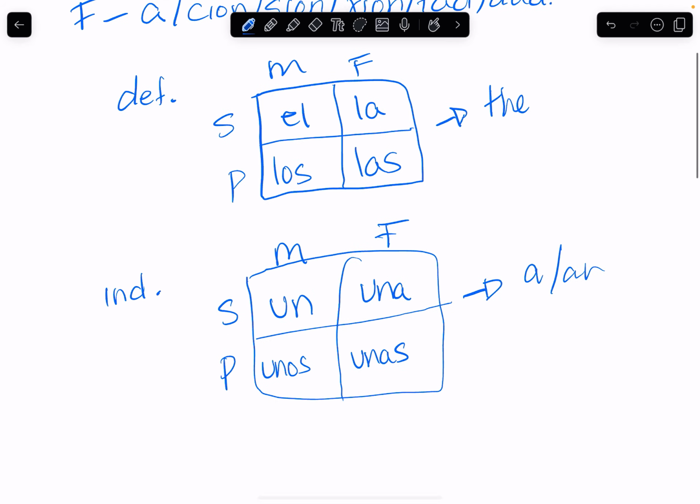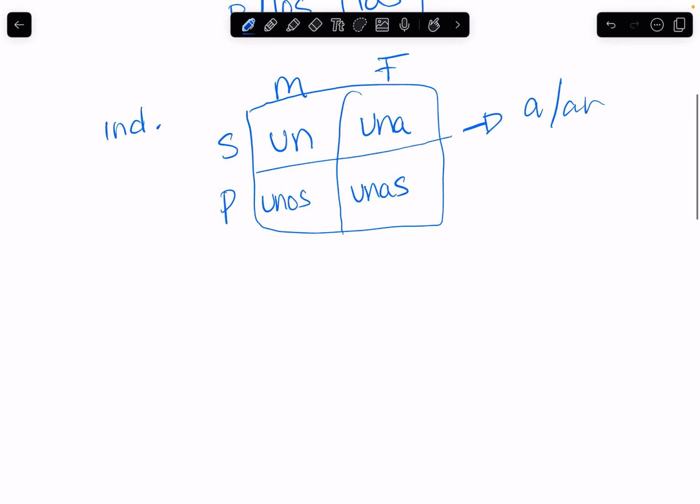So if I tell you, go get me a chair from the next room, una silla del cuarto, that means give me a chair. I'm not telling you which specific one, so it's indefinite. You don't know which one I'm talking about. It's just a chair or something random. Okay?